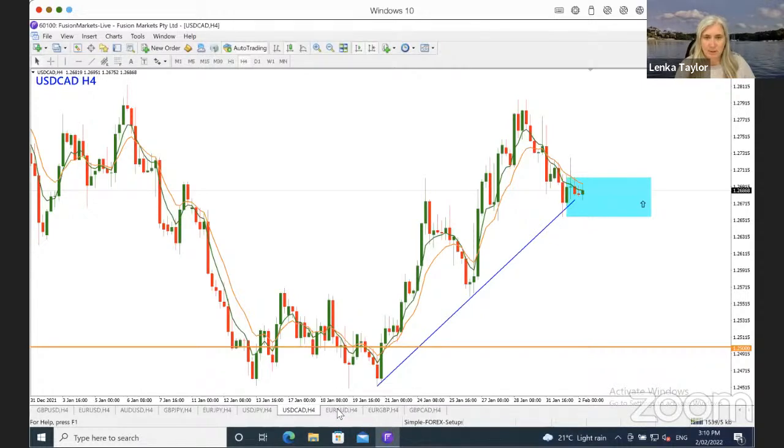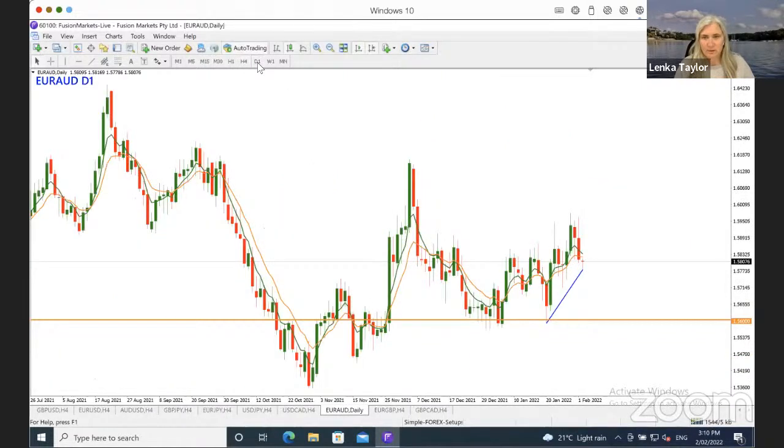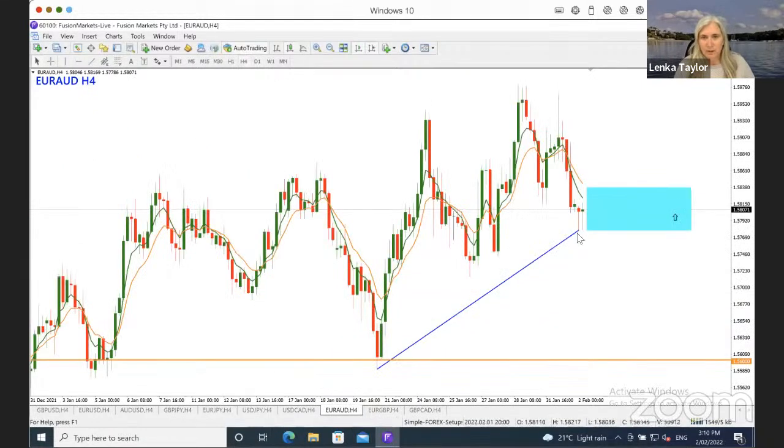The next currency pair I'm looking at is Euro AUD. I'm looking for a long at the moment. The price action here is not that clear, not that good, but that's okay. It is still rising. I would have liked the reversal to be at that level, but it was not.